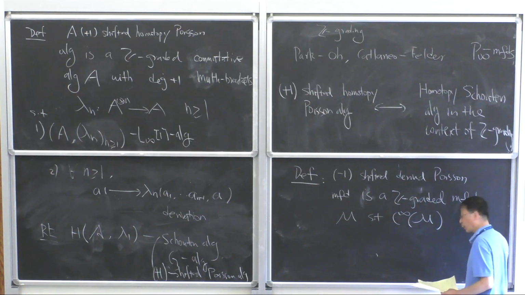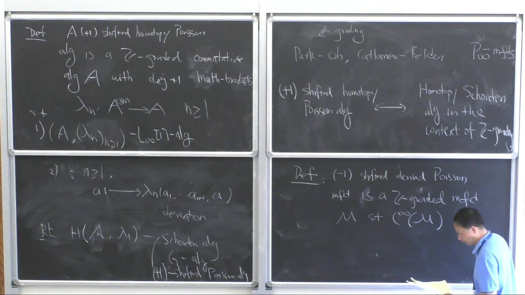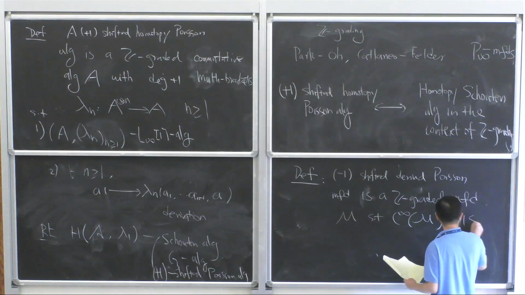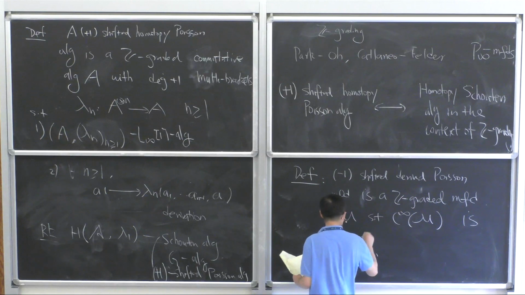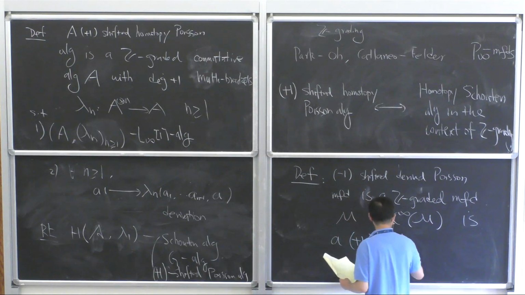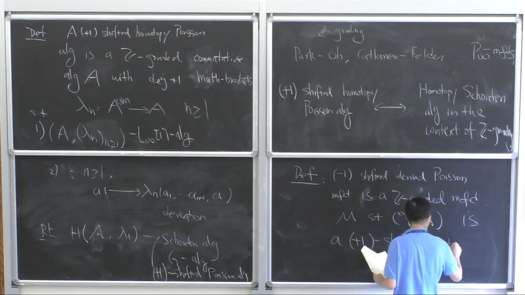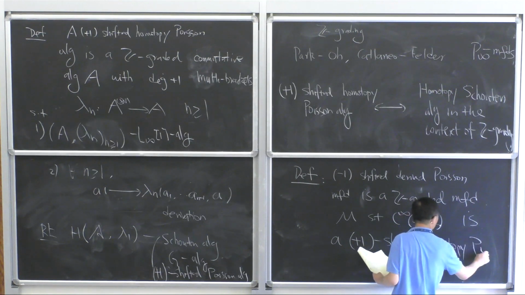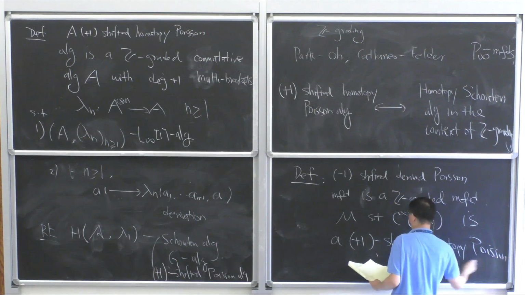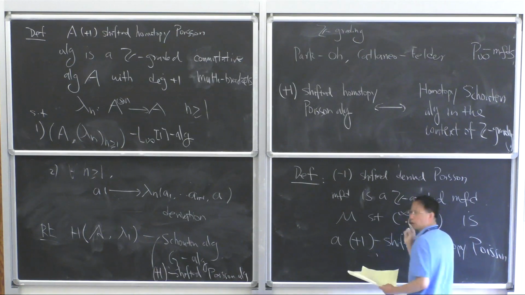I don't need to worry about the sheaf. So I can call this infinity function, sheaf global sections, a +1 shifted homotopy Poisson algebra, just like a usual Poisson manifold.